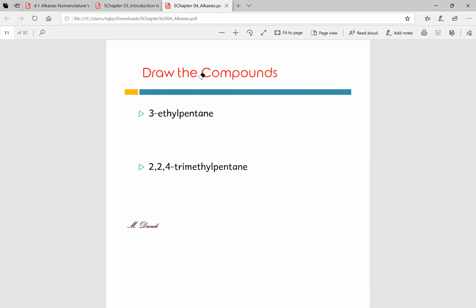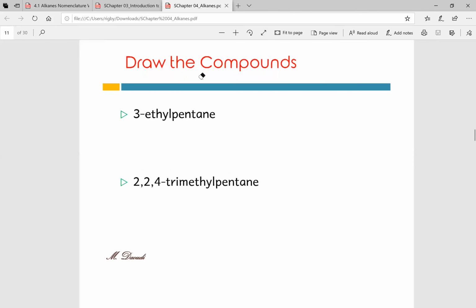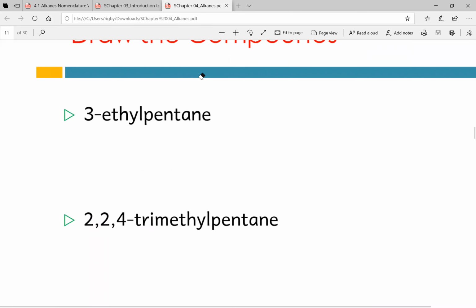Draw the compounds. When I'm drawing, I like to always start from the parent chain. I don't look at anything before I look at the parent chain. So here's our parent chain right here, pentane. So I'm going to start by drawing out just pentane. That's a 5-carbon chain. So 1, 2, 3, 4, 5, pentane. And then now I'm going to focus on the other bit.